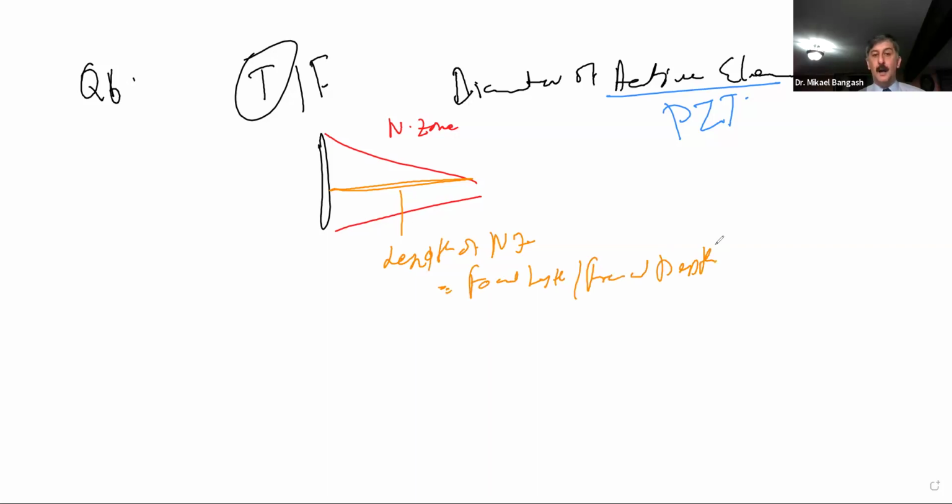Clear? They are directly related. So if we had a great PZT, we will have a great near zone length or a great focal length. Would that be true? Yes, guys.